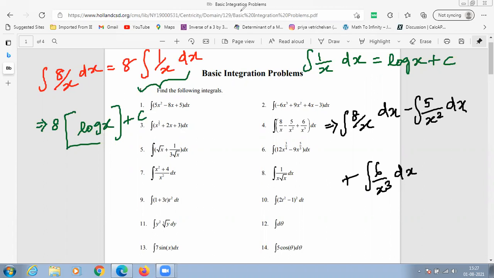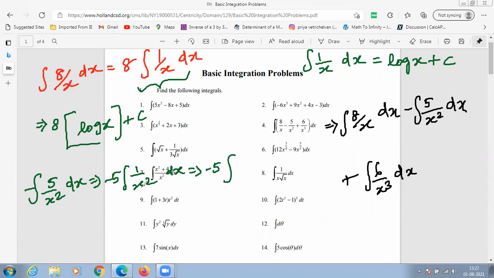And then I'm going to integrate minus 5 by x square. You can rewrite this as minus 5 into 1 upon x square dx. If you take x power 2 to the numerator, it will become x power minus 2 dx, right? So now I'm going to use the power rule. Integral x power n will give you x power n plus 1 upon n plus 1.